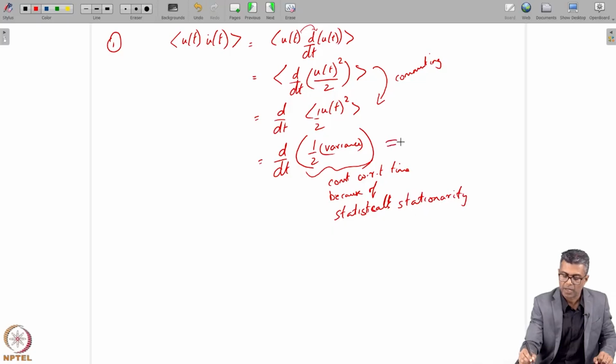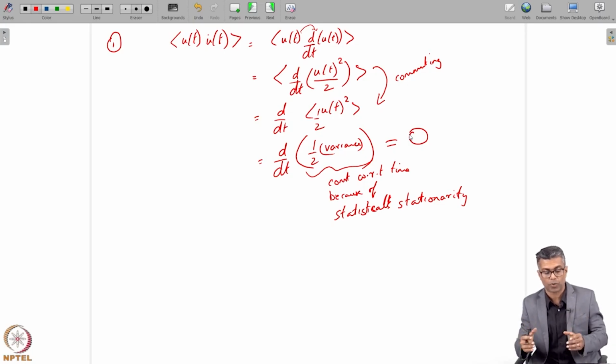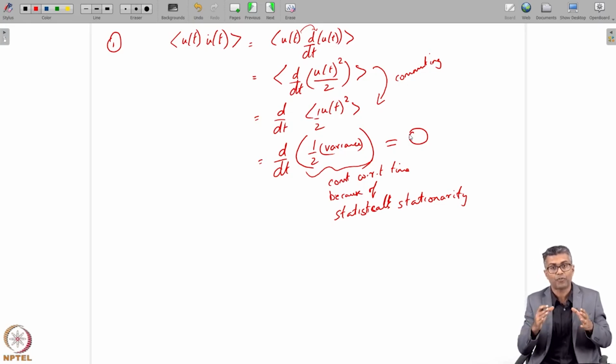That means this becomes equal to 0. So that way you have proved the first part: u(t) and u dot of t are uncorrelated, because the covariance of u(t) and u dot of t is equal to 0.